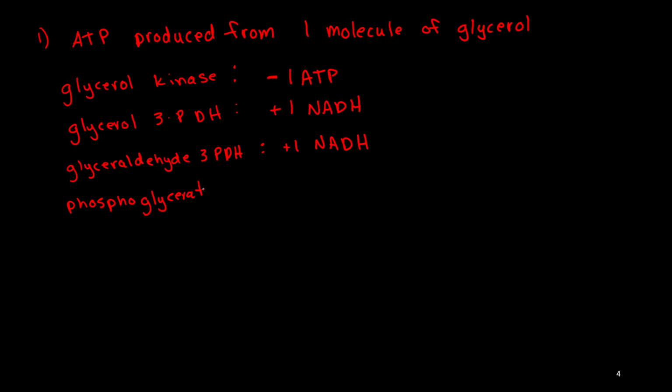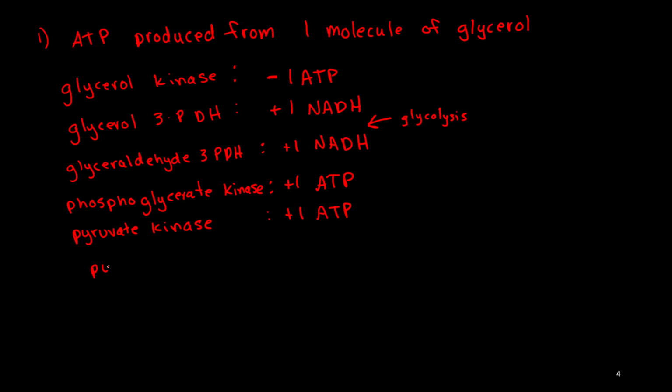Sorry, this is where we entered the glycolysis. So phosphoglycerate kinase is going to produce 1 ATP. Pyruvate kinase is going to produce 1 ATP, plus it's also going to produce pyruvate.